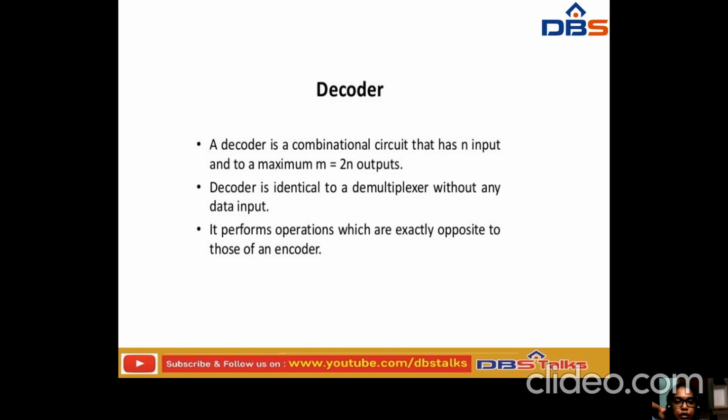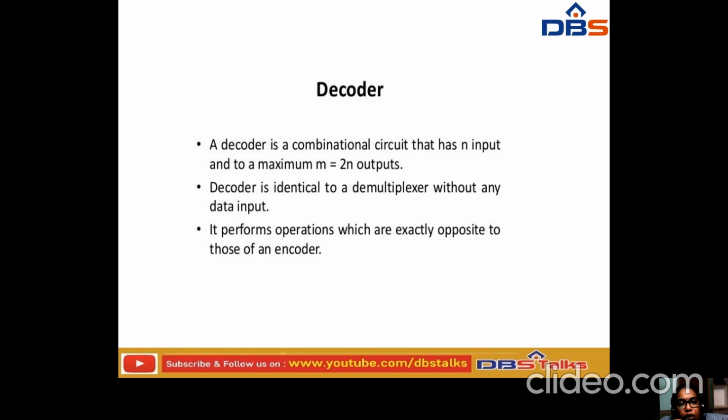It is a combinational circuit having multiple inputs, and the maximum number of outputs is 2^n. If you give n inputs, then you will get 2^n outputs.